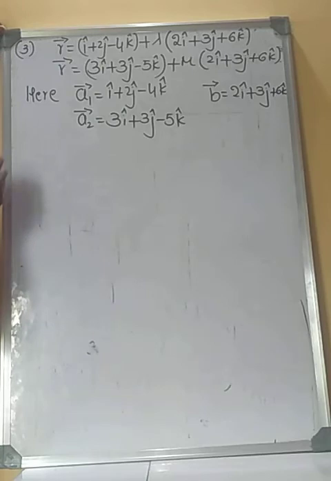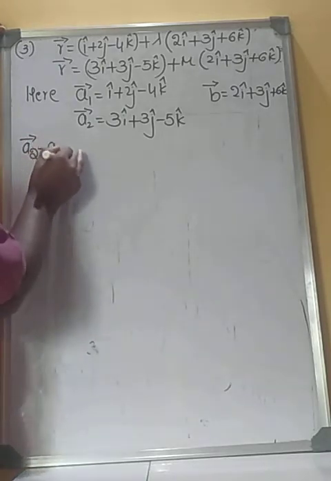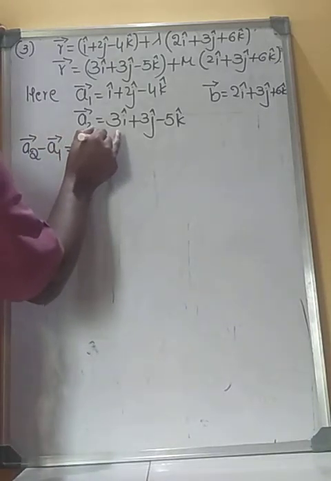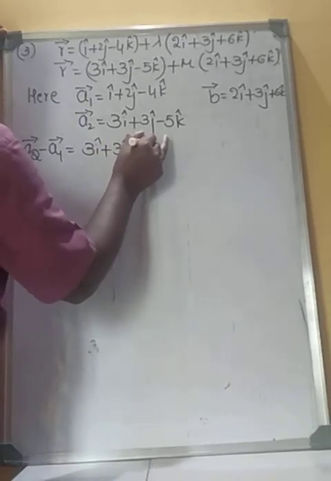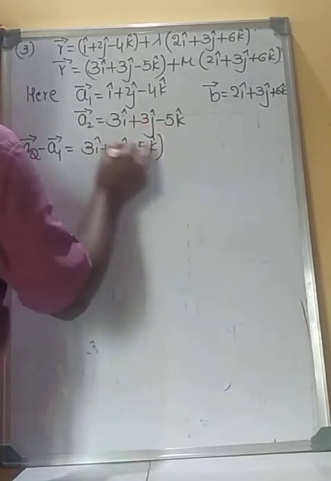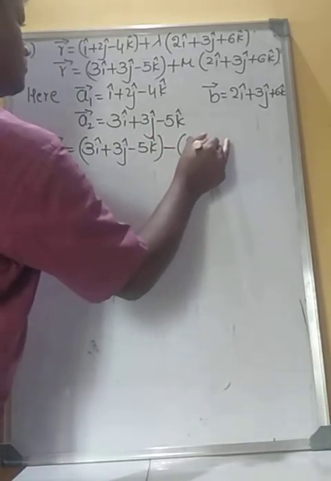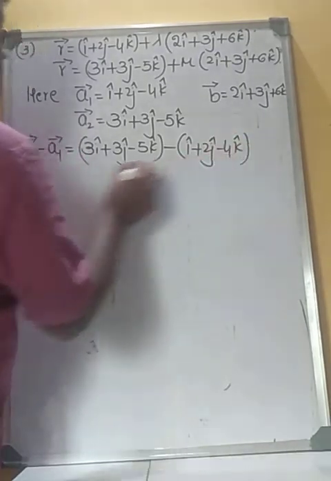So now find a2 minus a1: a2 vector minus a1 vector is equal to 3i plus 3j minus 5k minus (i plus 2j minus 4k).